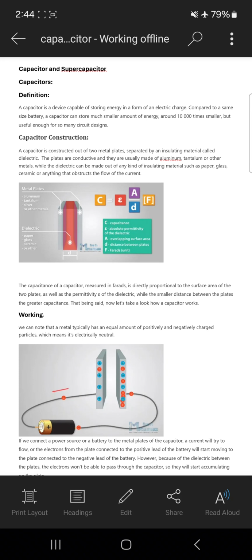The capacitance of a capacitor is measured in farad. It is directly proportional to the surface area of the two plates as well as the permittivity of the dielectric, while the smaller the distance between the plates, the greater the capacitance.